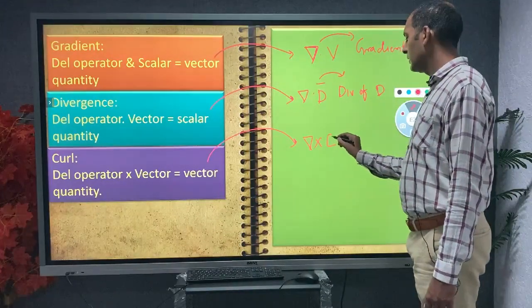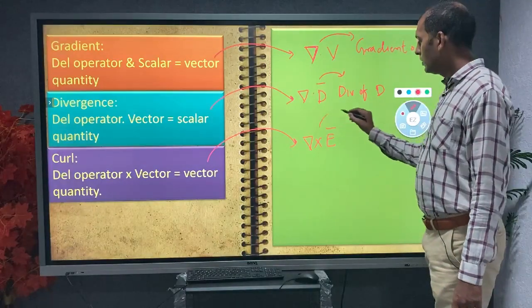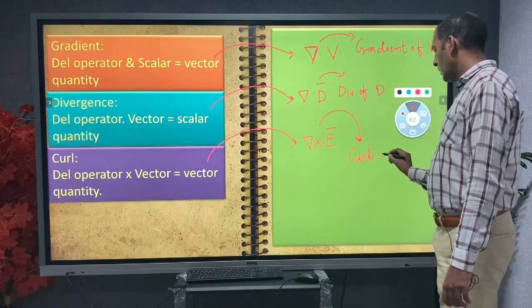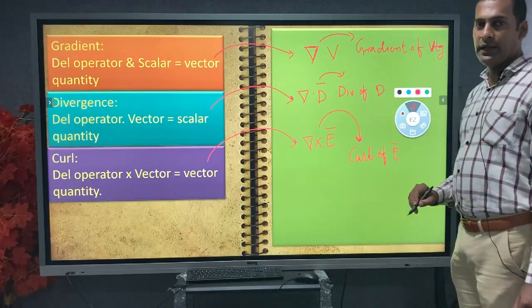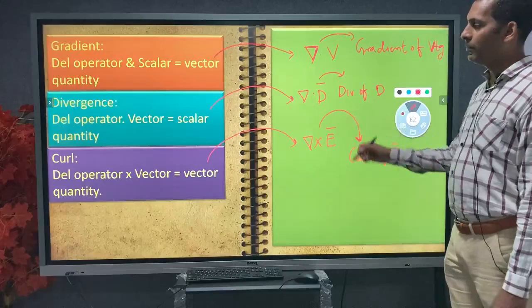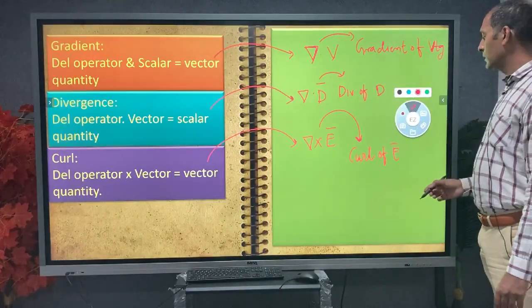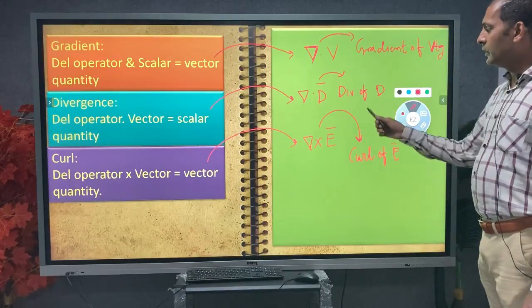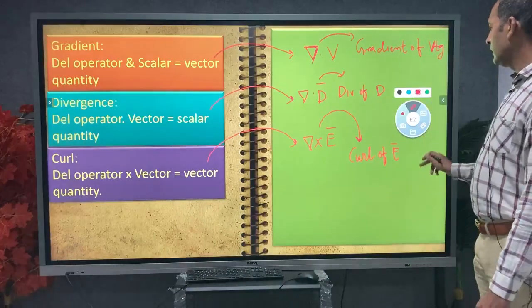Suppose del cross E, where E bar is electric field intensity. So this one can be termed as curl of electric field intensity. So these are three common forms of del operator we use in this subject: gradient, divergence and curl. By using these, we also have the divergence theorem and Stokes theorem, which we will also discuss.